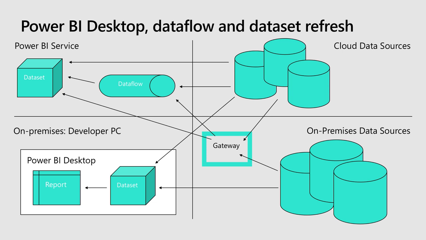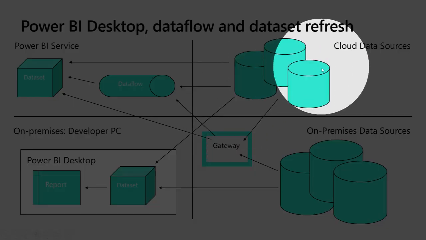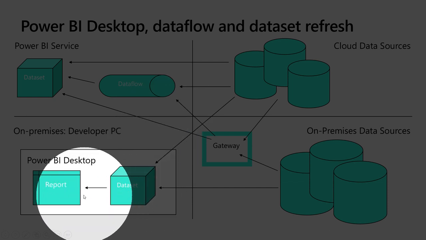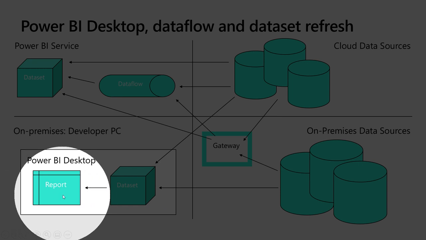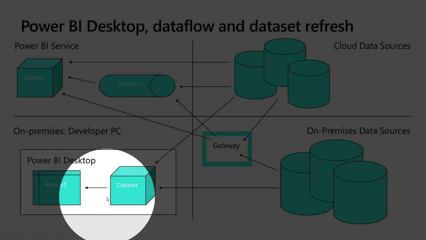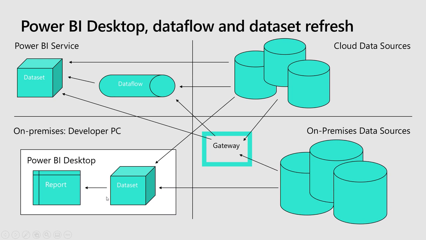And of course, that's going to depend a lot on whether we're using an on-premises data source or a dataflow, whether we're going to a dataset directly or whatever. But, for example, let me see if I can point around here. There we go. If we start off in Power BI Desktop, let's imagine we're in a scenario where we've got our report and our dataset all in the same Power BI file.